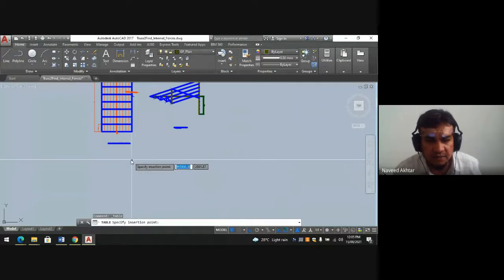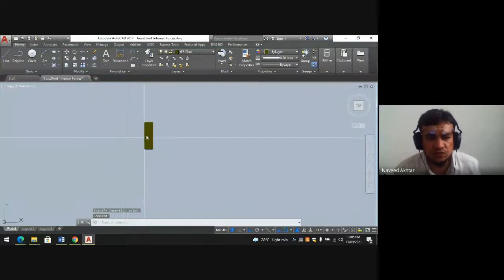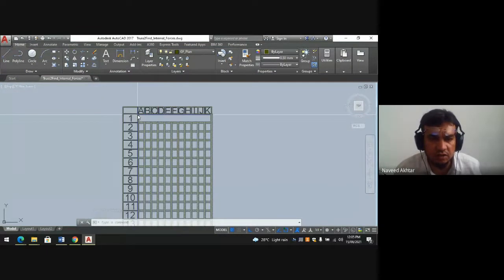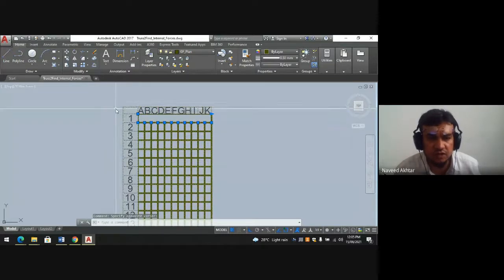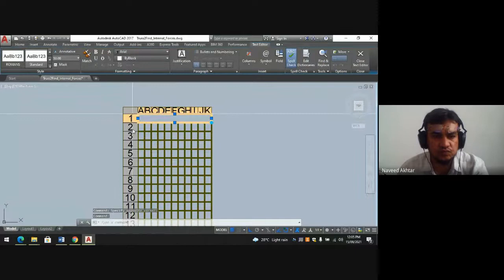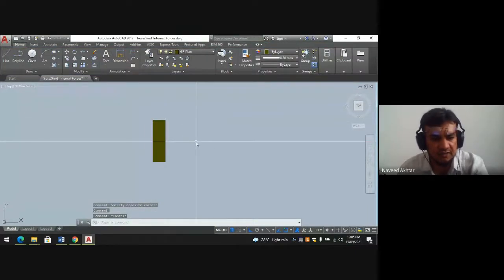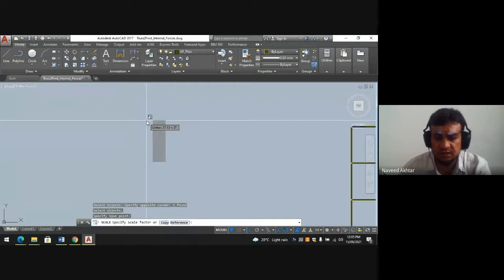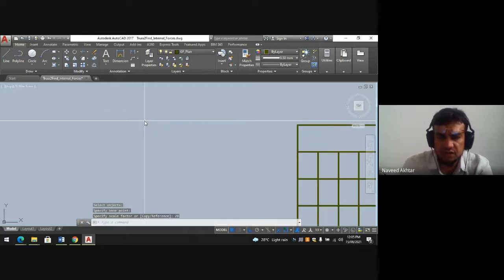I will prepare a table here. This is my table. And the table is looking very small. I will make it large by scale. So I can scale the table 20 times.